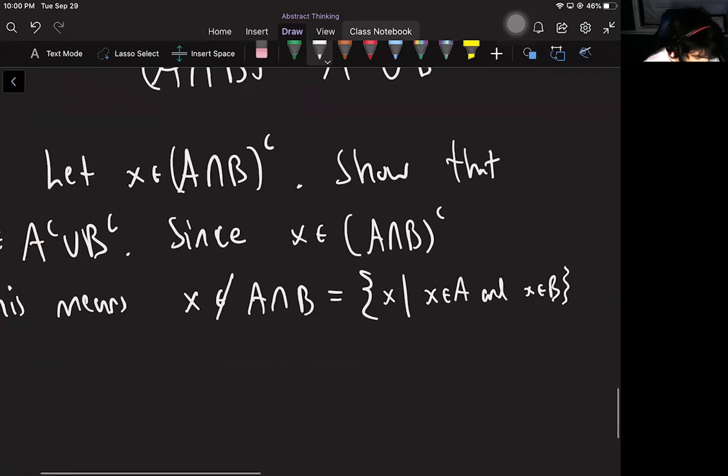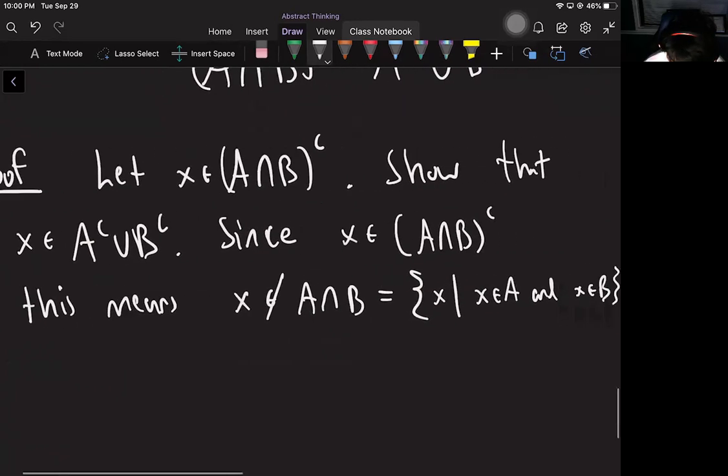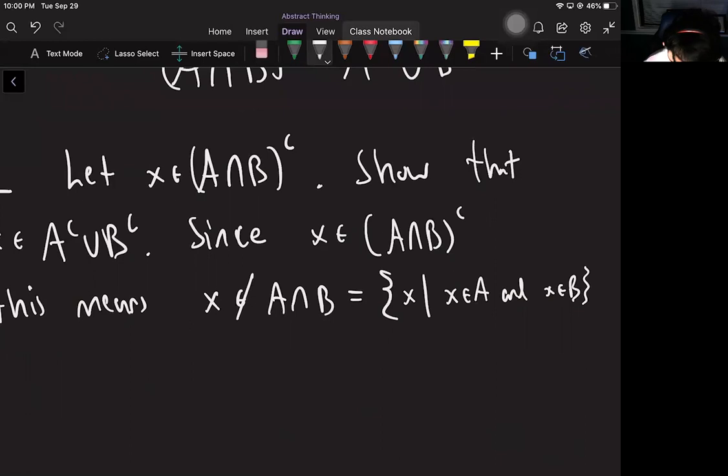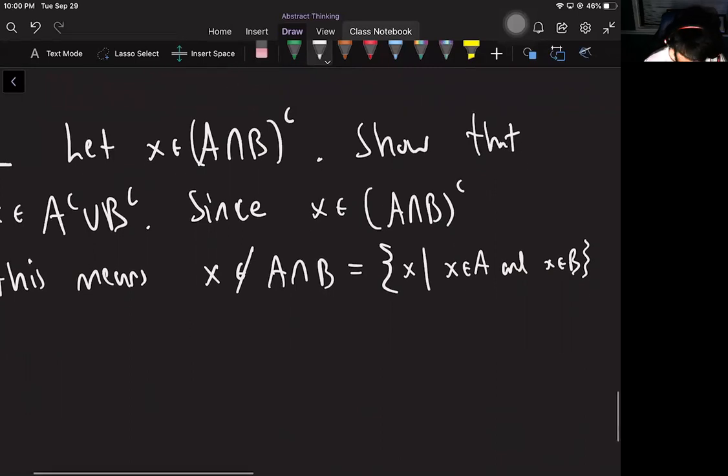So to not be in there means that X makes the negation true.